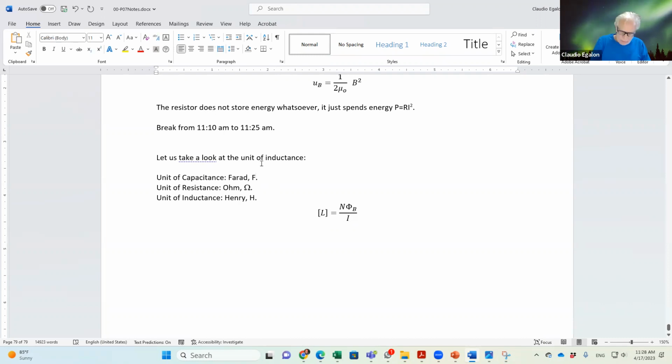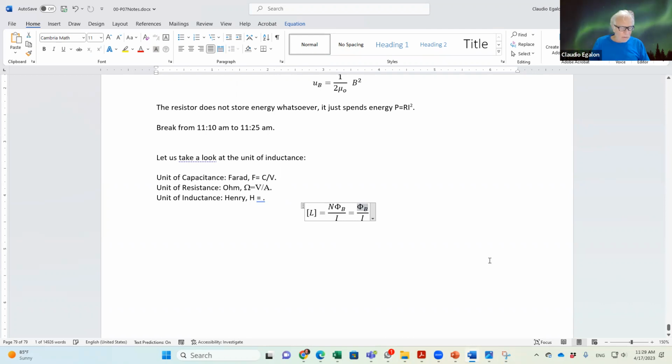Farad was what? The coulomb per volt. That's what the farad is. The ohm is what? V equal to Ri, right? So it's going to be volt per ampere, per current. And the Henry, what's going to be the Henry? You have to look at this equation right here. The number of turns N has unit of 1.